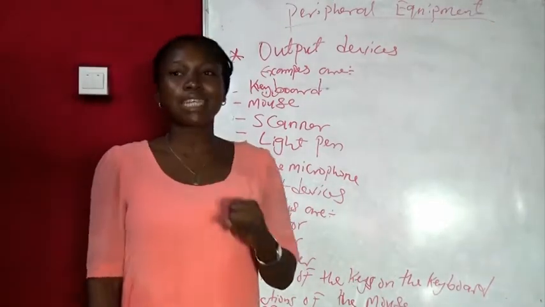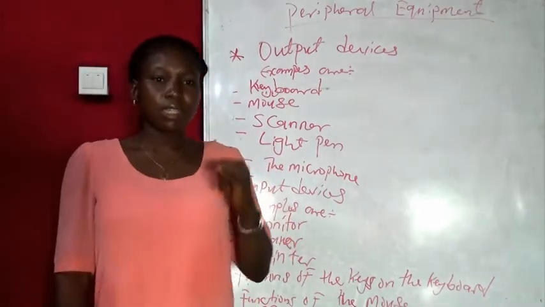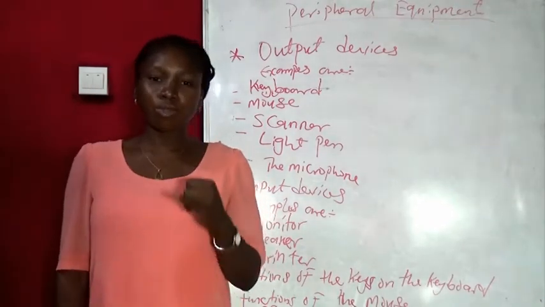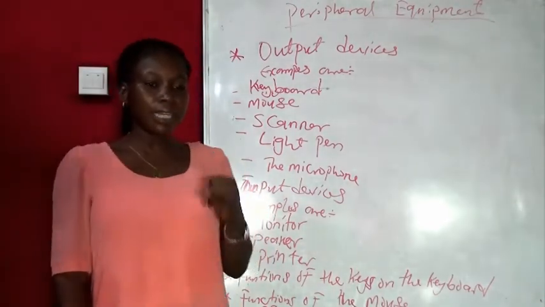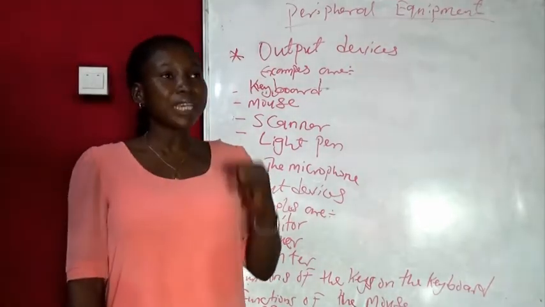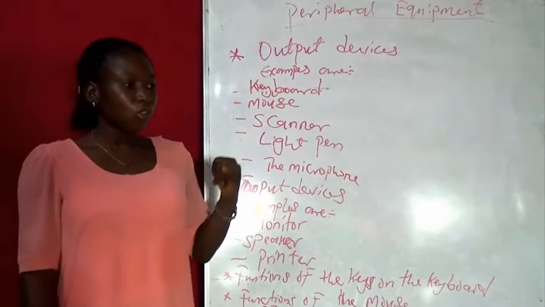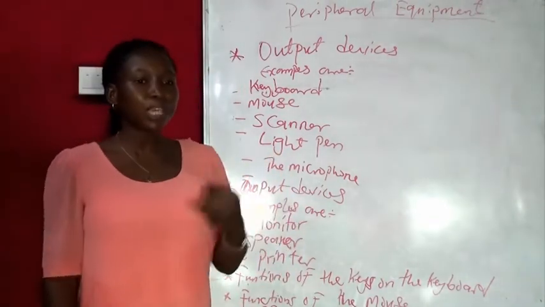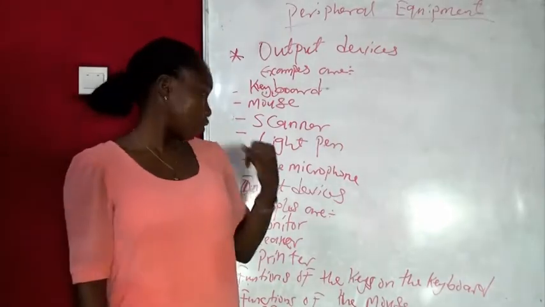It has the alphabetical pad, which is the letters A to Z. It has a number pad 0 to 9. It has the functional keys F1 to F12. It has the special keys such as your control key, your alternate key, your page down and page up keys, and so on and so forth.